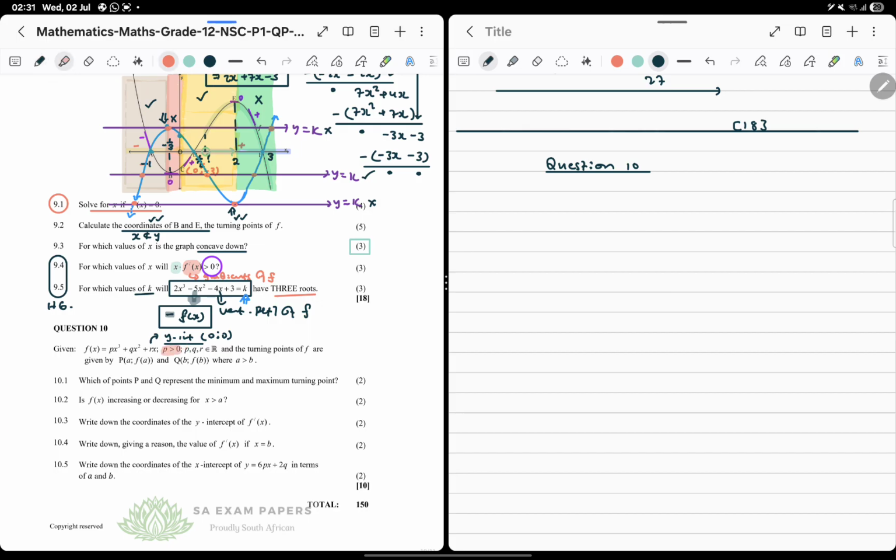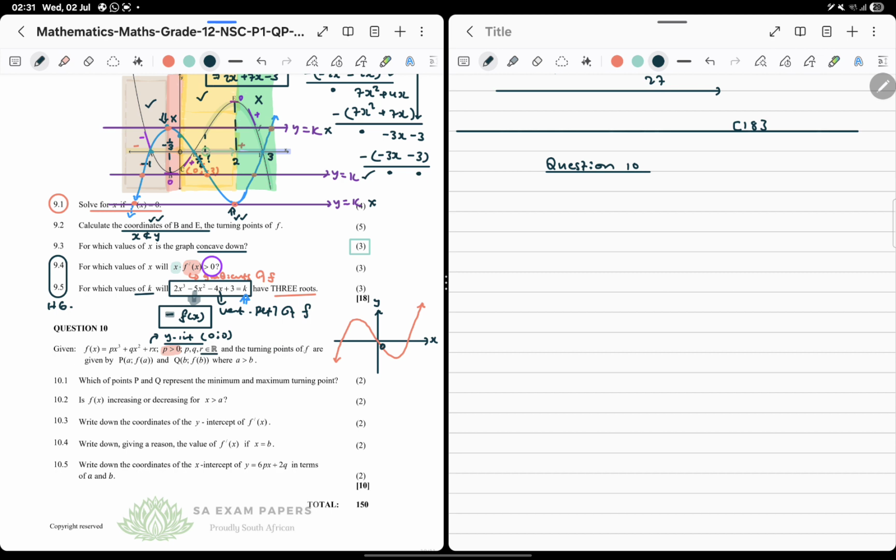That's the language we want to hear. This would have been the a value. So it tells us that on the Cartesian plane, our graph is doing stuff like this. Okay, so the shape is already outlined here. Great. All right, so this is the shape that we're given, and then p and q are elements of real numbers.